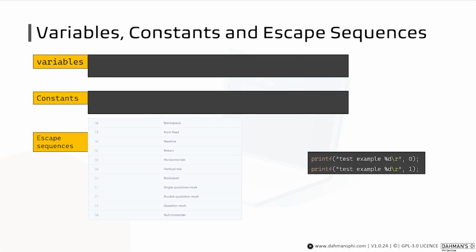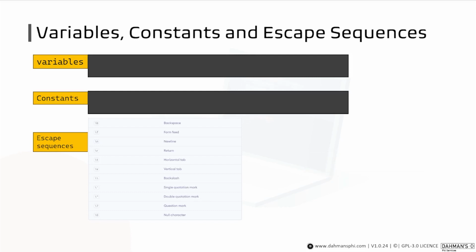However, if I replace this \n, which is a new line, with \r, that means return, what will happen here? First, it will print test example 0, and then the compiler will go back to the beginning of the line and print on top of that a new sentence, which is test example 1.